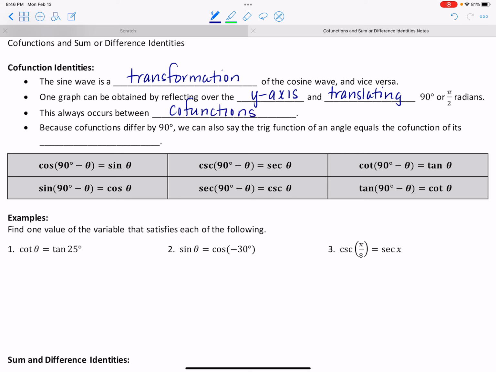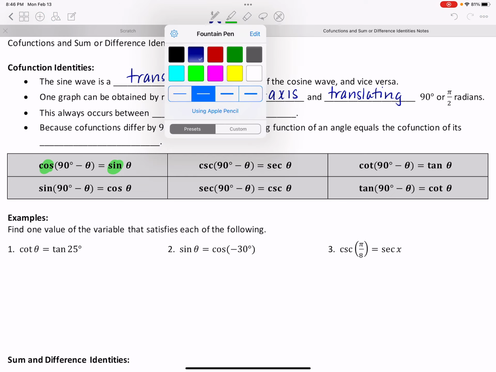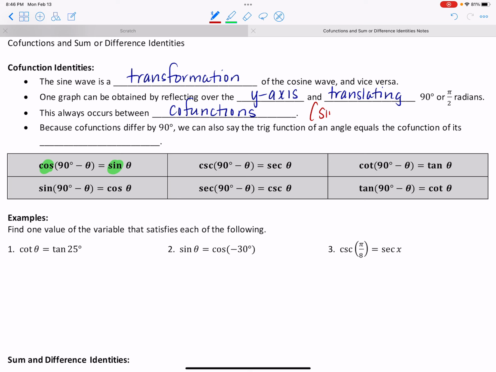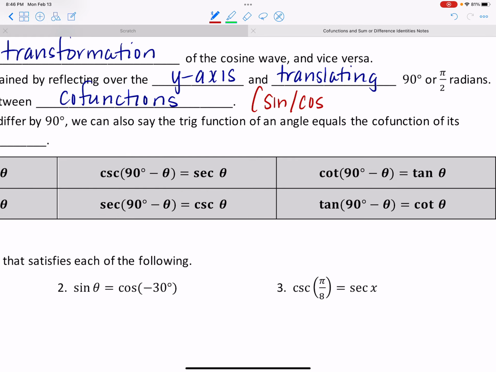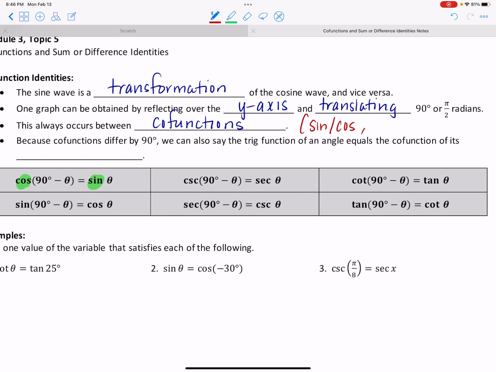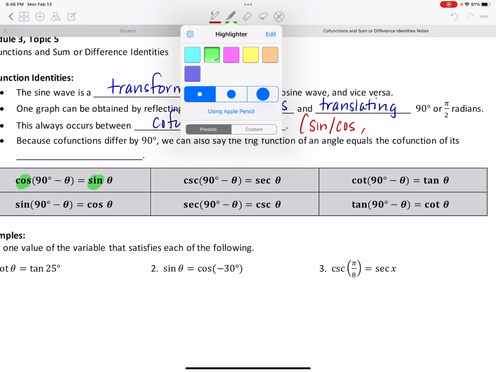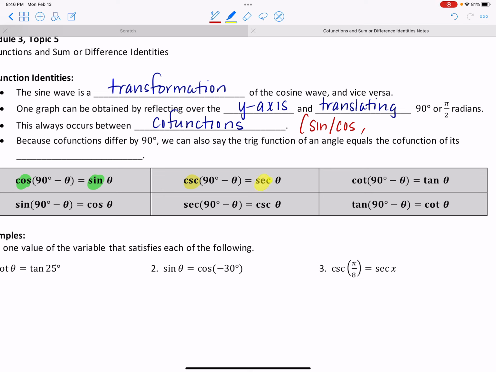So what we're going to say is that cosine and sine are cofunctions of one another. If I take sine and reflect it over the y-axis, translate 90 degrees or pi over 2 radians, I will end up with the cosine wave and vice versa. Also, cosecant and secant are going to be cofunctions of one another.